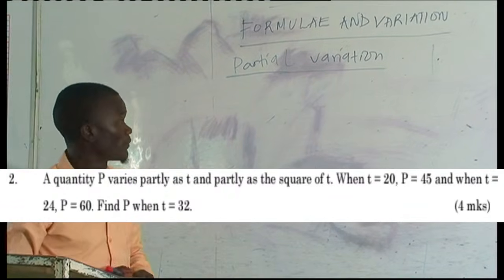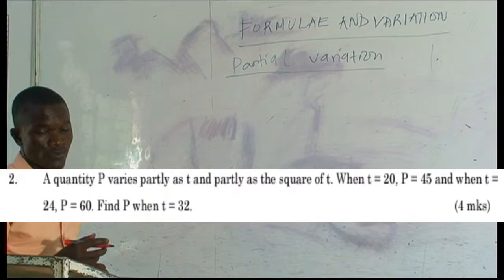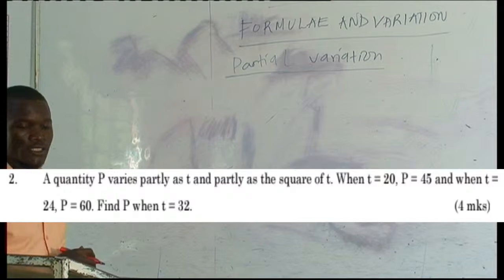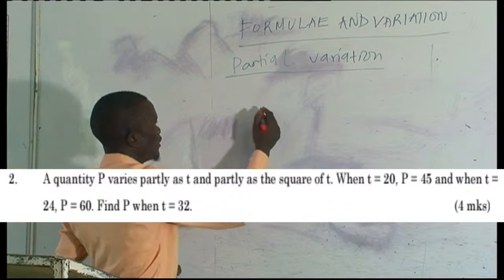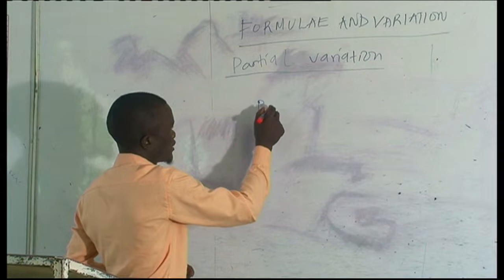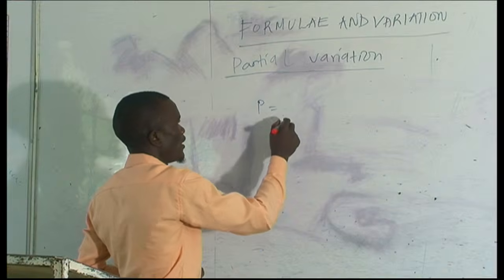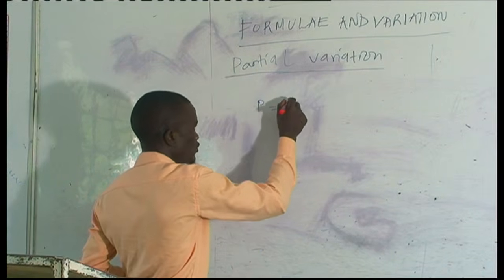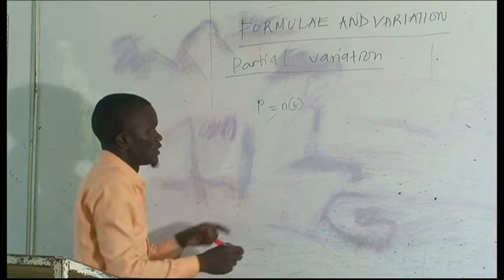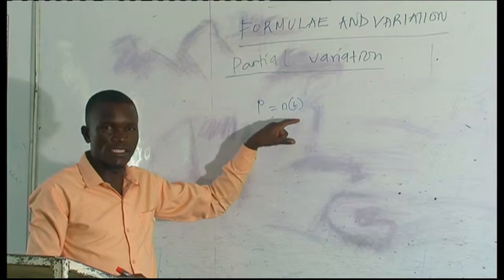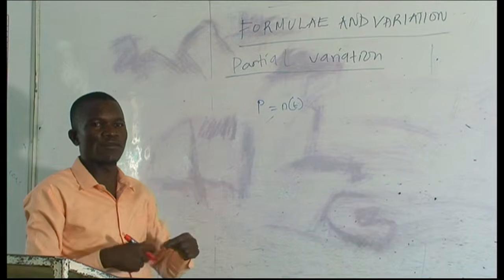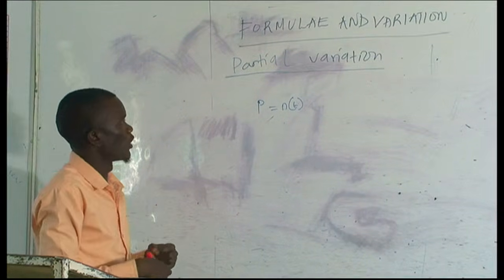The first thing we have to do is to get the equation connecting the two. So our quantity p varies as n into t, because t is not constant. Here t is not constant. It must have some coefficient.